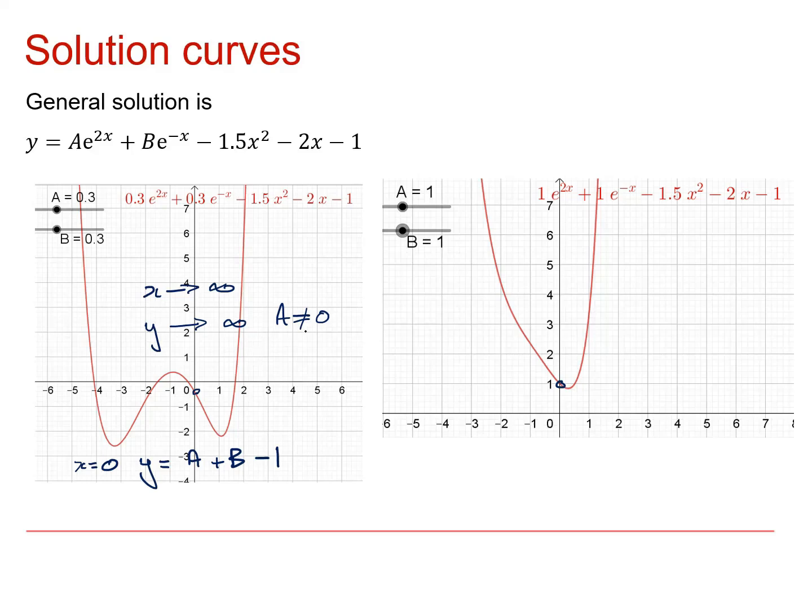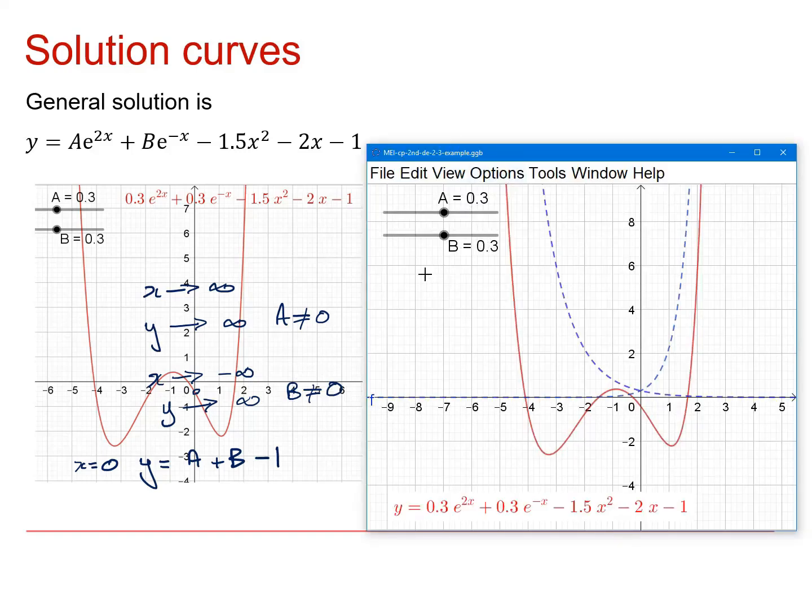If a is equal to 0, we need to have another look at that and see what happens. As x tends to minus infinity, y is also going to tend to infinity, provided that b is not equal to 0. And again, we'll have a look in a second at what happens as we change the parameters.